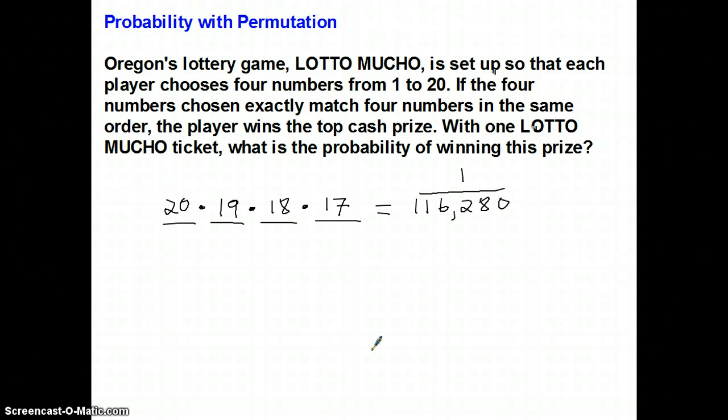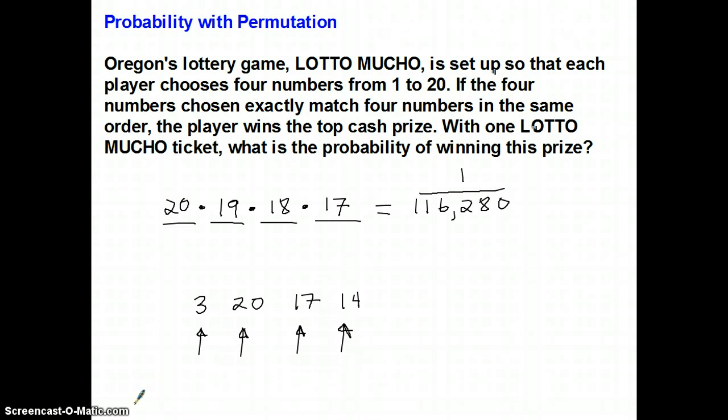So just remember that the order matters means that if the winning numbers come out as 3, 20, 17, and 14, we have to exactly match that order with the 3 first, then the 20, and then the 17, and then the 14.